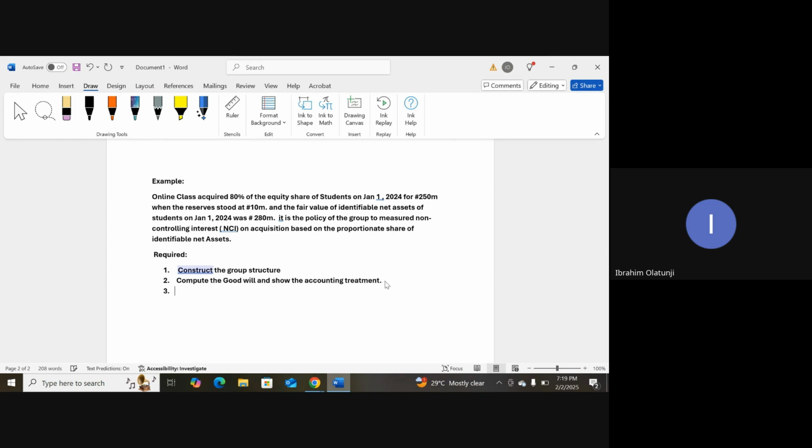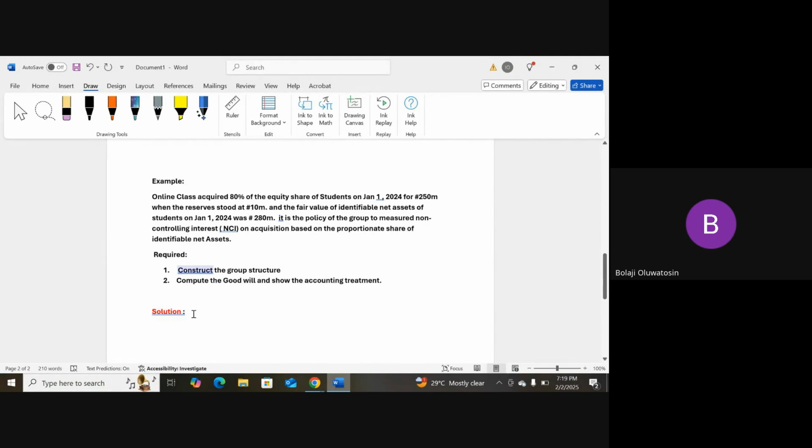So, you can see if we want to tackle this now, we have to do what is called group structure. But we need to ask ourselves, is this a fully owned subsidiary or partly owned subsidiary? Let's start from there.